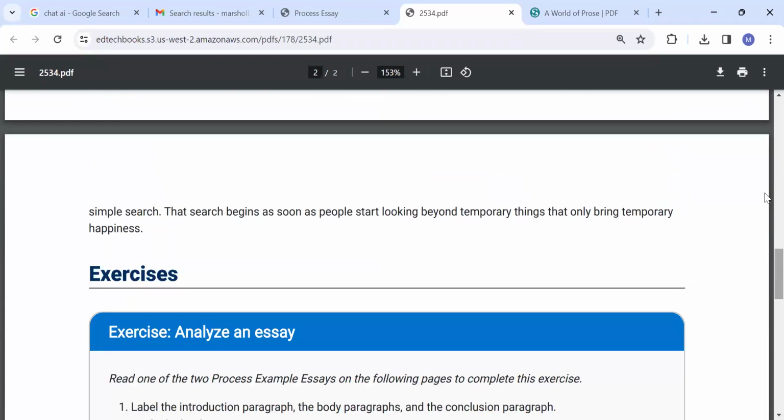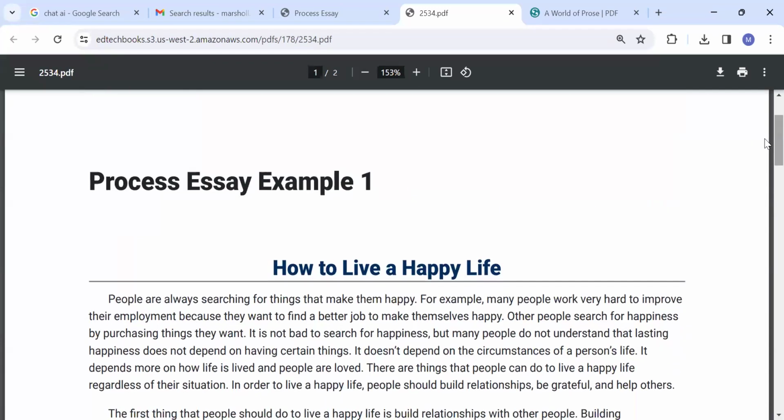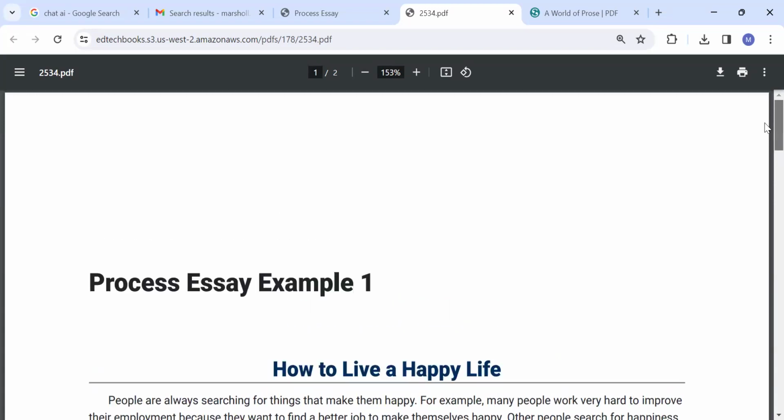This is how you would write a process essay for an abstract concept.